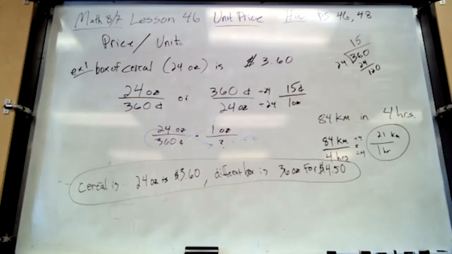So 24 ounces is $3.60. We already did that unit price. That was 15 cents per ounce. Now there's 36 ounces for $4.50, which is the better buy. So you can find the price per ounce for that 36 ounce box.